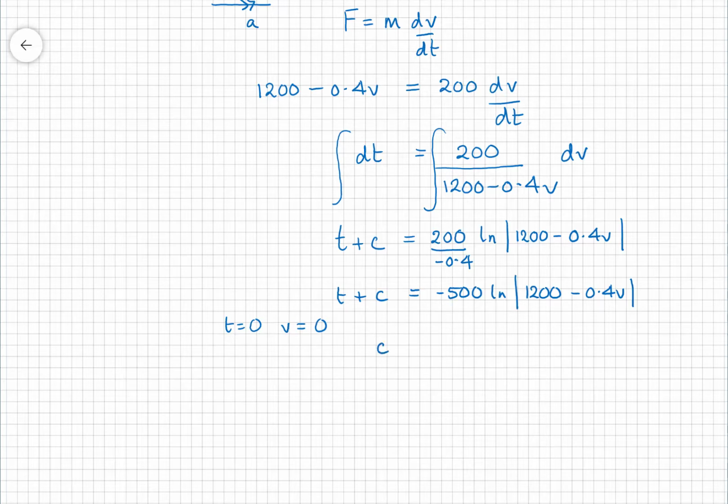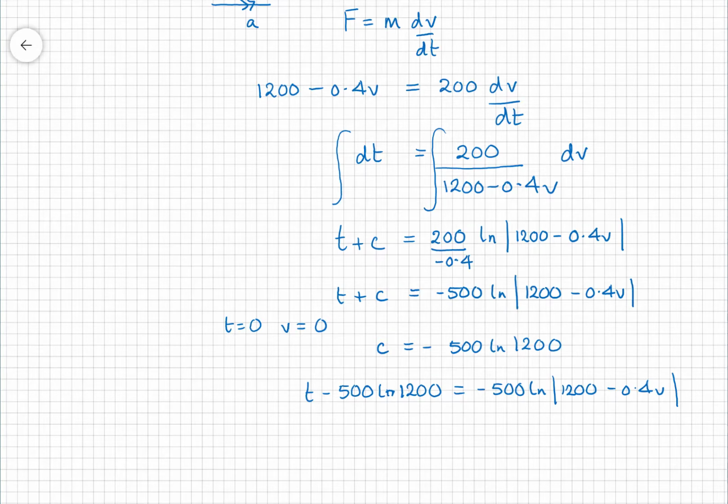So c will be equal to minus 500 ln of 1200, which we can now put together to give us t minus 500 ln 1200 is equal to minus 500 ln of 1200 minus 0.4v.